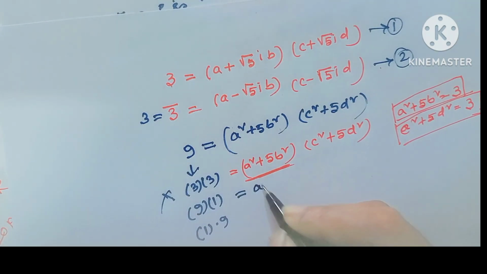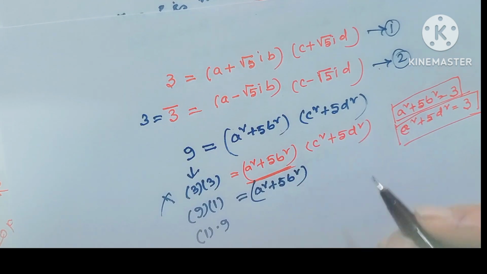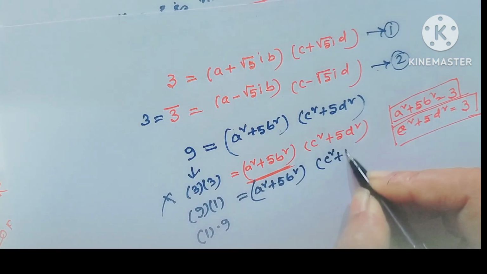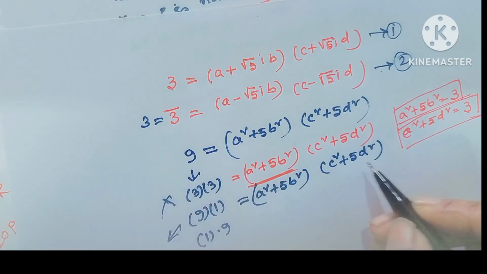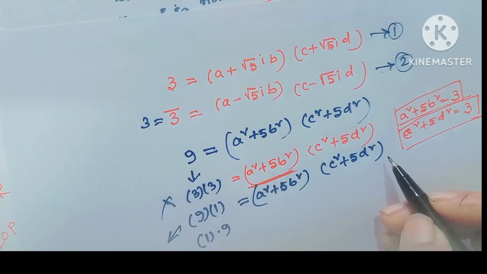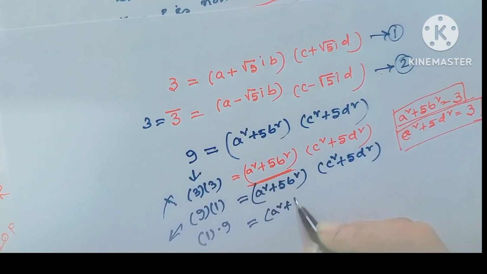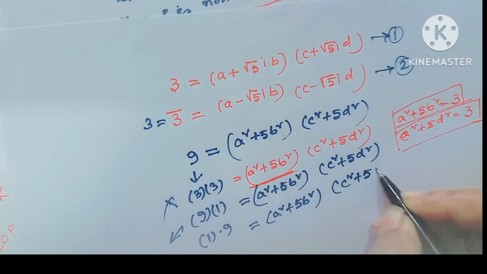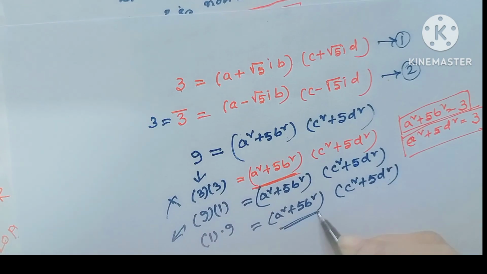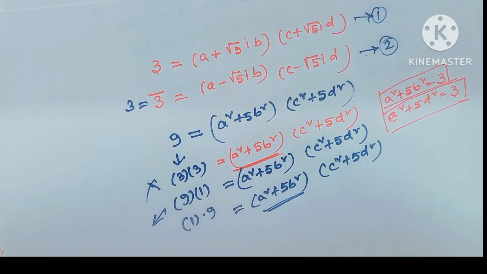Other possibility is 9 times 1 equal to (a² + 5b²)(c² + 5d²). From here, c + √5 i d is a unit, and this means a² + 5b² and c² + 5d² give, from here, a + √5 i b is a unit.